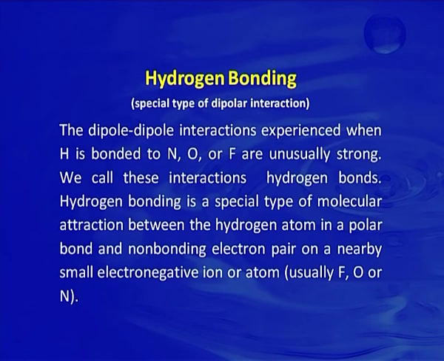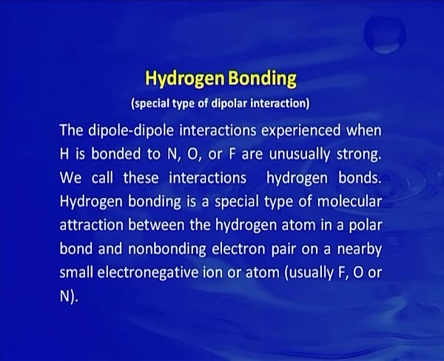The dipole-dipole interaction experienced when hydrogen is bonded to nitrogen, oxygen or fluorine is unusually strong. We call these interactions hydrogen bonds. When hydrogen is bonded with nitrogen, oxygen or fluorine, it is called hydrogen bonding.